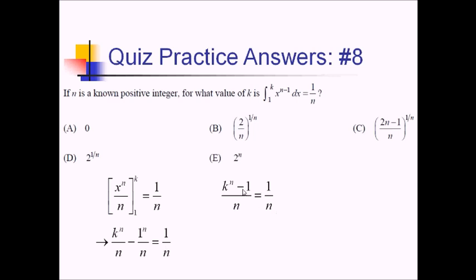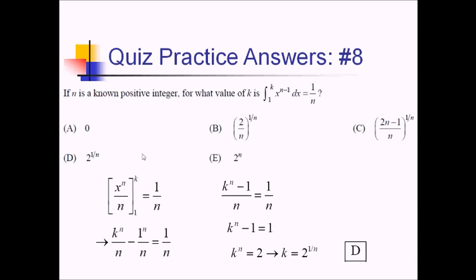So we have k to the n minus 1 just equals 1. Adding 1 to both sides, we end up with k to the n equals 2. And to solve this equation, n, again, is just a constant. So if I want to get rid of a constant exponent, I just have to raise both sides to the reciprocal of that exponent, the 1 over n in this case. So then I can say k equals 2 to the 1 over n, and that's going to be answer choice D.